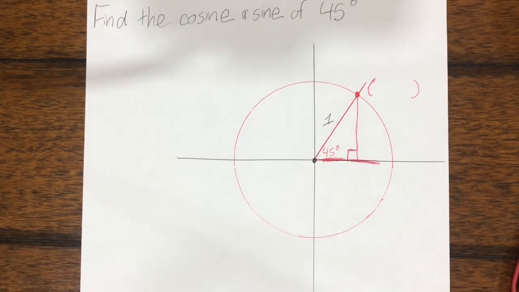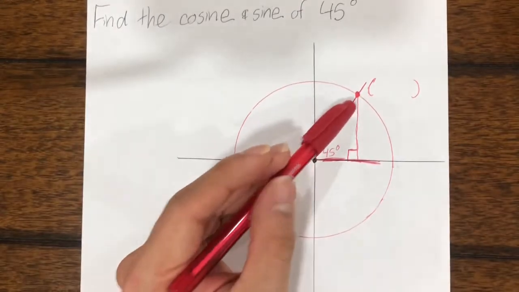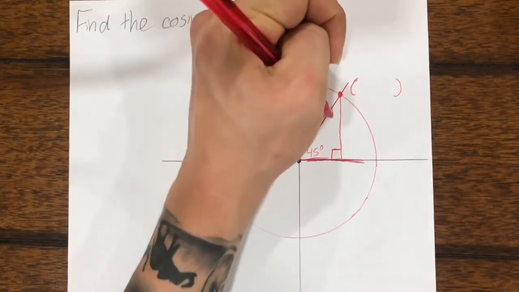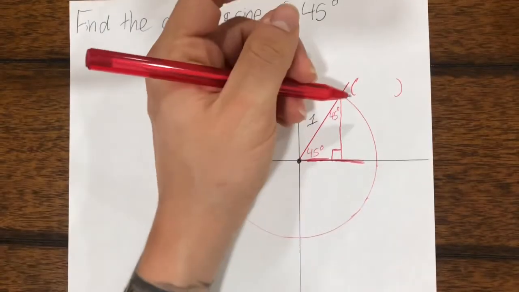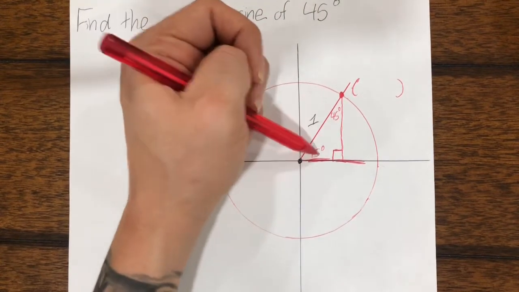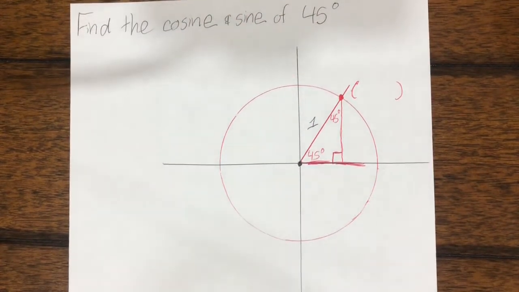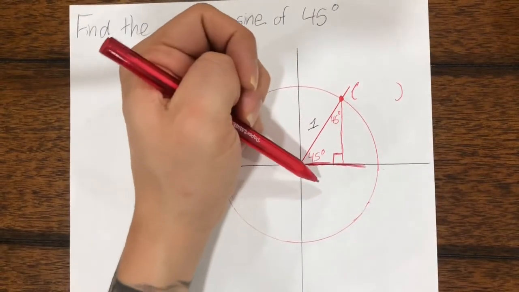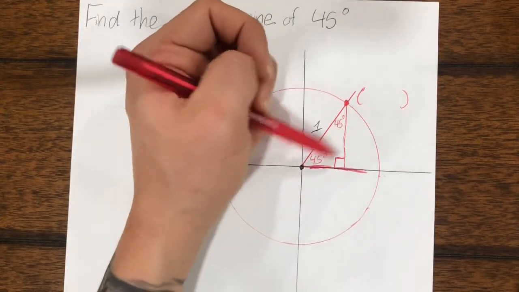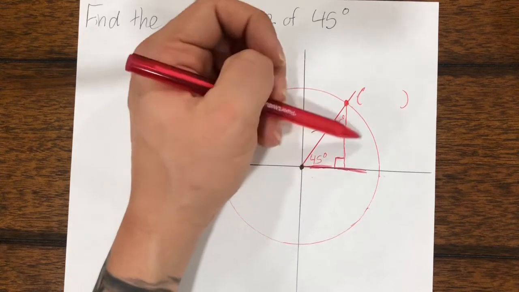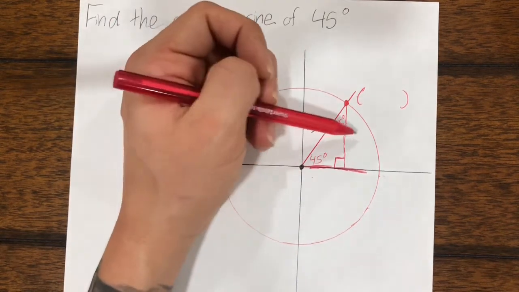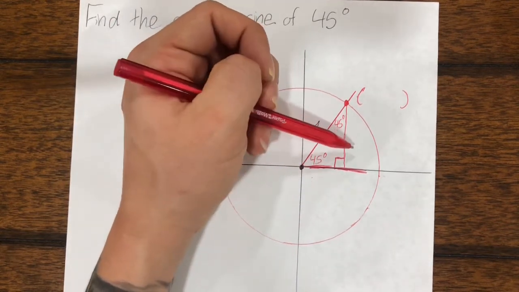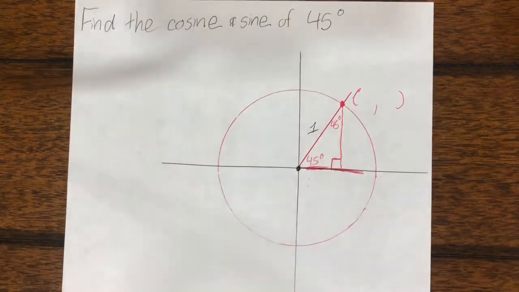So we have a 45, 45, 90-degree triangle. Luckily these two angles are the same. If two angles on a triangle are the same, then the two sides have to be the same as well. So we know that this side and this side are going to be the same number. So that means that this side and this side are going to be the same x and y values.